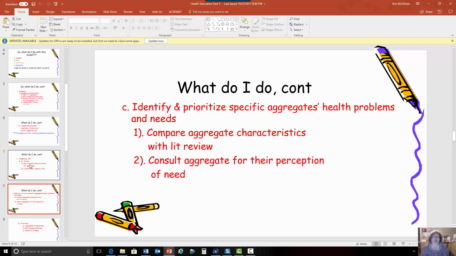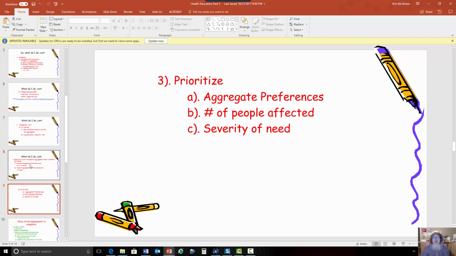Next, you want to meet with them and find out what they see their needs are. Sometimes that will be the same, sometimes it will be different. The reason this is important is that they're not going to buy into the changes that you want to make when they have other things that are of greater priority. So you need to design your priorities and coordinate that with them so that they're willing to listen to you.